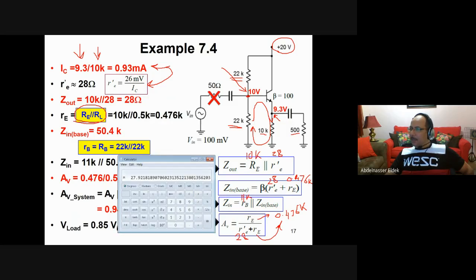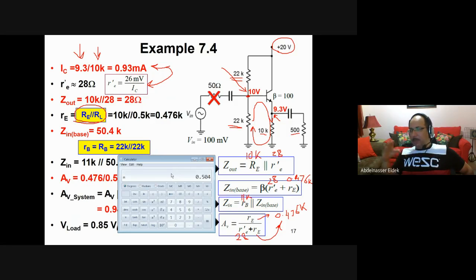What about Z_in base? Z_in base is beta times this. So you have 28 ohm plus... let's make everything in kilo ohm. 0.028 plus 0.476.